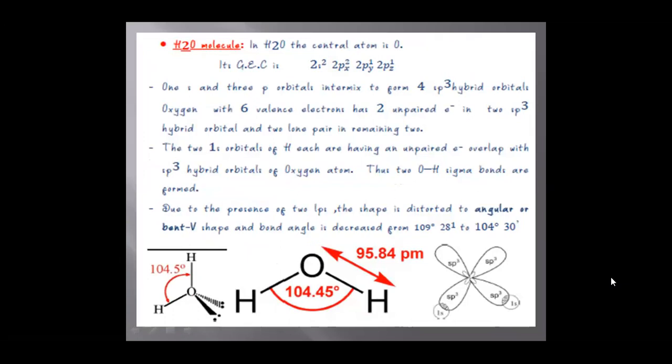Oxygen with 6 valence electrons has 2 unpaired electrons in 2 sp3 hybrid orbitals and 2 lone pairs of electrons in the remaining 2. Due to the presence of 2 lone pairs of electrons, the shape is distorted to angular or bent V shape, and the bond angle decreases from 109 degree 28 minutes to 104 degree 30 minutes.